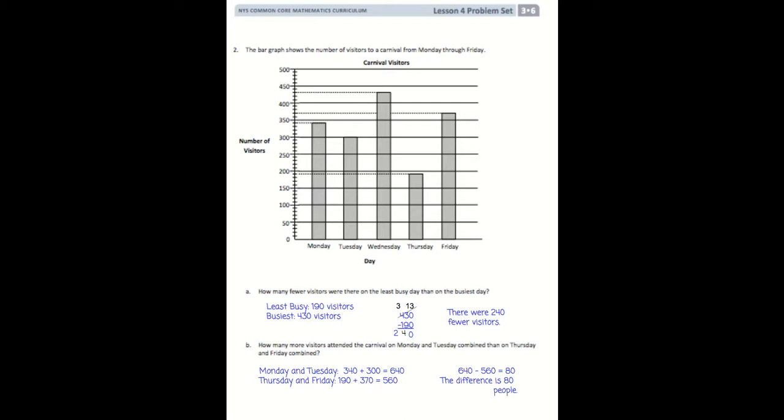And then on Thursday and Friday, there were 190 on Thursday and 370 visitors on Friday. So that equals a total of 560 visitors. And now we have to find the difference. So 640 minus 560 equals 80. So the difference is 80 visitors.